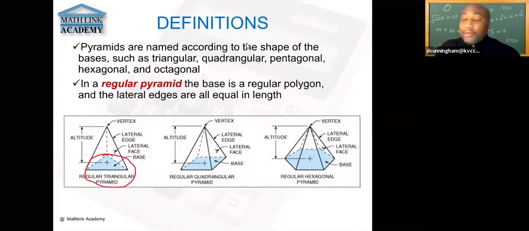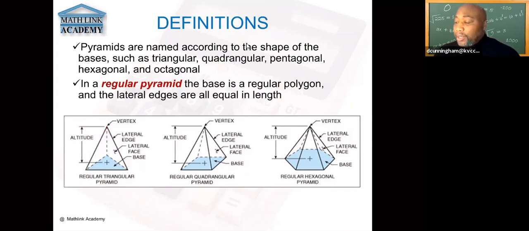The blue color that you see is actually the base. That's the base of a triangle. Here's our vertex. Here's our altitude, the height. We have a lateral edge, which is right here. And then the lateral face would be this shape here, a triangle in this case.